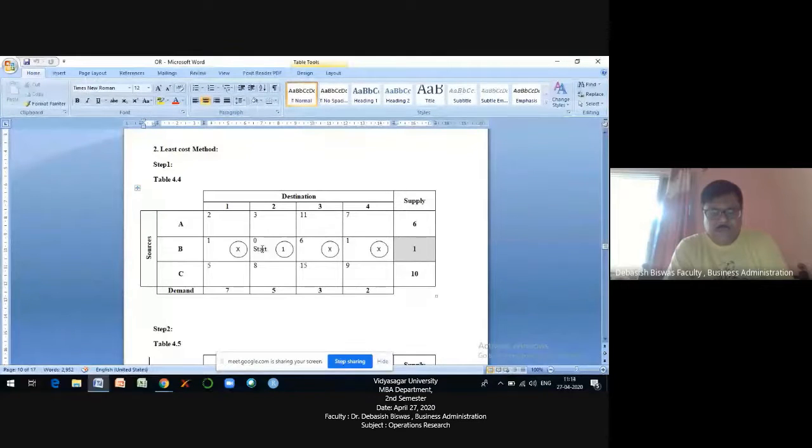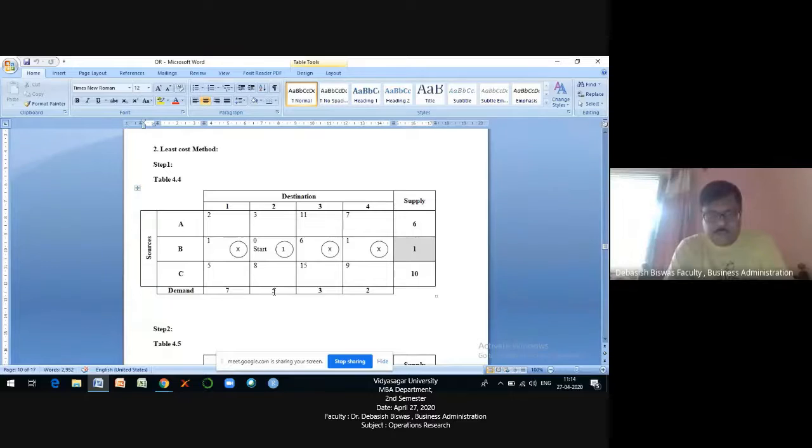When we start from this position, if we move along the row, we see the supply value, and if we go along the column, we see the demand value. Here the supply is 1 and the demand is 5.